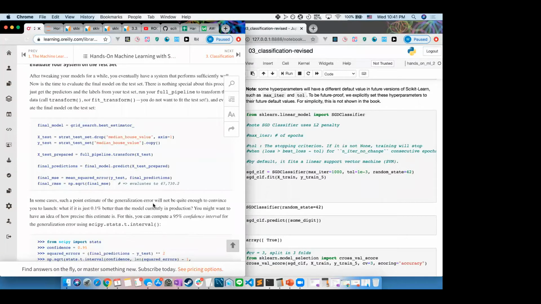Are you saying we should not do that at all until after we've done our train test split? Yes. And as you suggested before, we apply the same operations to the training set as to the test set.